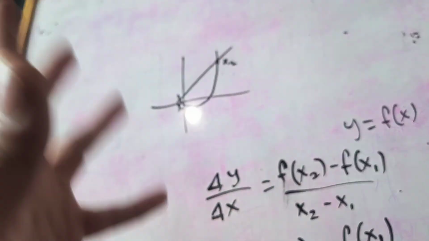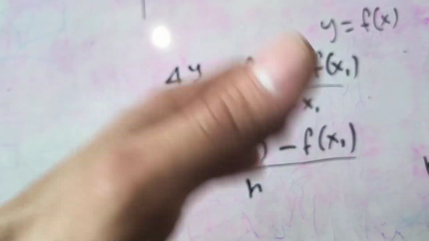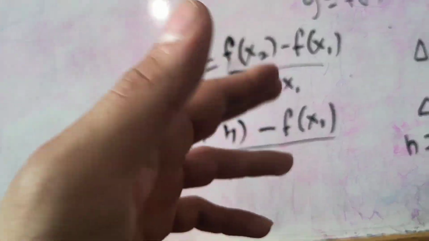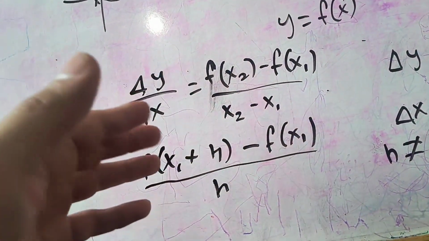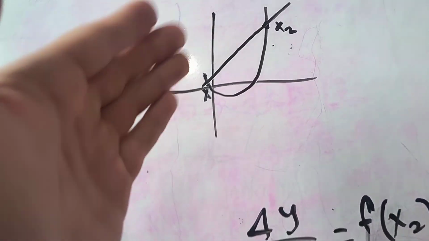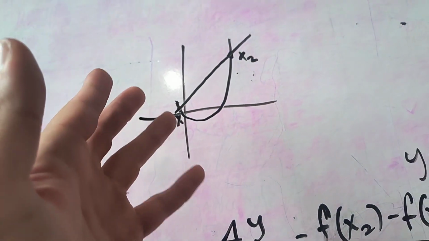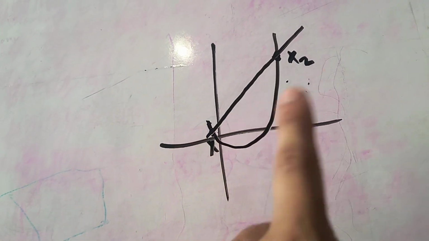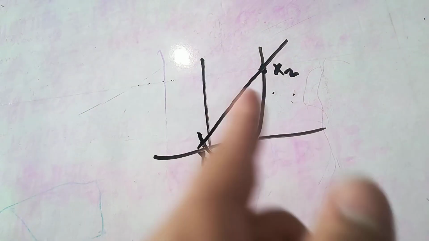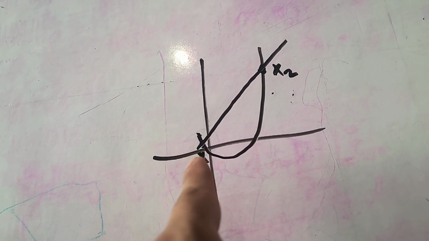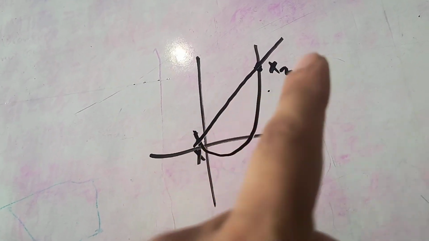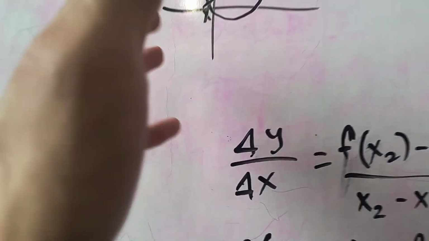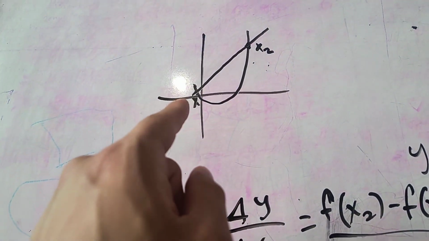So this average rate of change of an equation, f of x1 plus h minus f of x1 divided by h, is going to be equal to the slope of this secant line, which is the line that passes through 2 points. And that's what we're measuring whenever we're measuring this average rate.